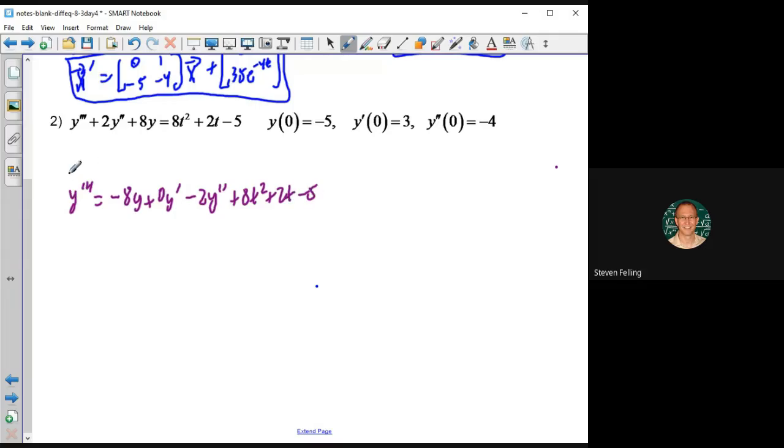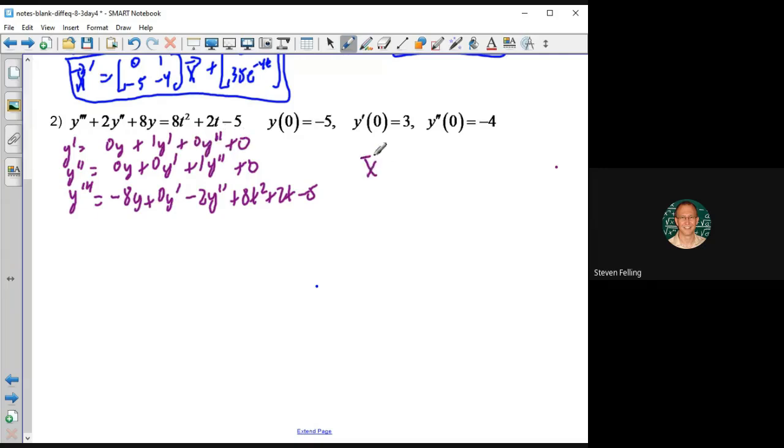So the next lower derivative would be y double prime. So that's no y's, no y primes, one y double prime, and nothing else. And then since this is a third order, I'm going to have a third equation here for y prime. 0 y's, 1 y prime, no double primes, nothing else.